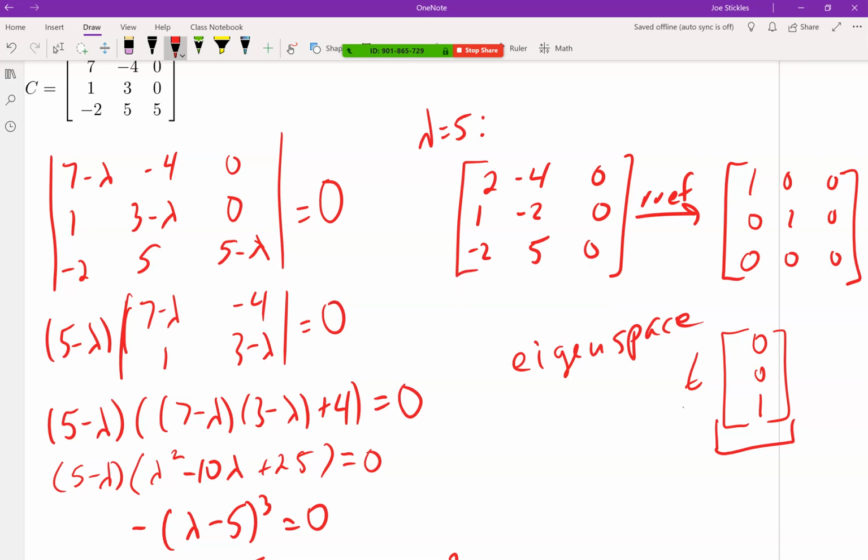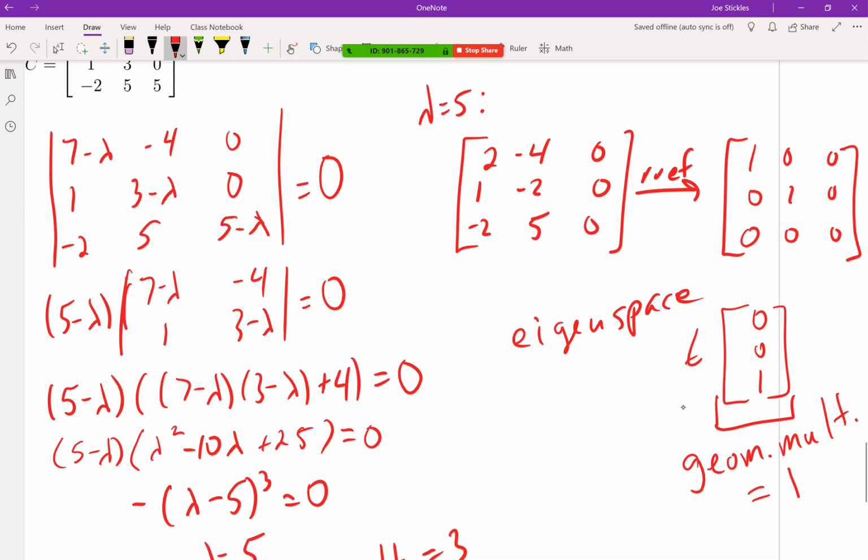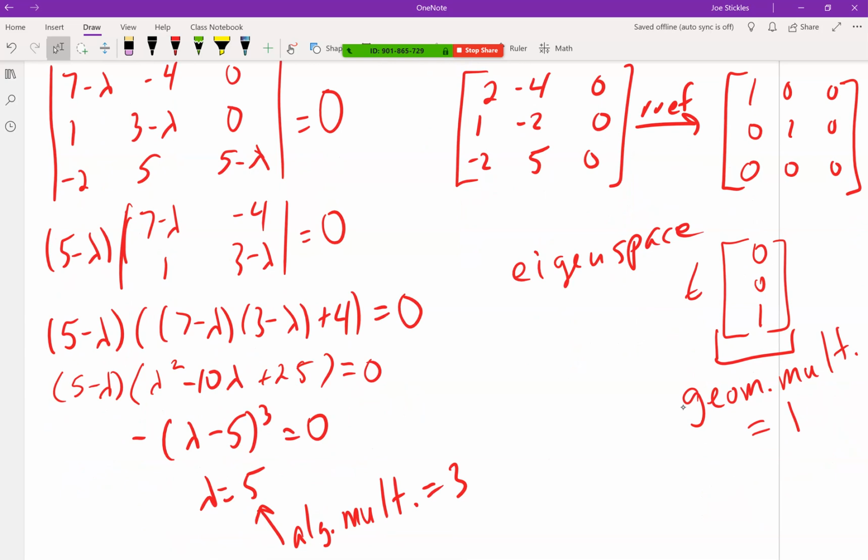So that tells us that our geometric multiplicity is just 1. And this is what I was mentioning before: when your algebraic multiplicity, which in this case is 3, gets bigger than your geometric multiplicity, you get in trouble because you don't get enough linearly independent eigenvectors to form a square matrix. We only have one eigenvector here.